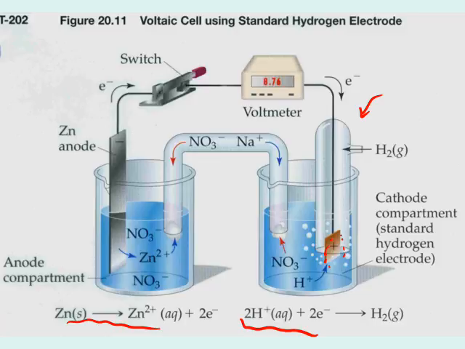H+ comes from any acidic solution. So when zinc breaks down to zinc 2+, electrons go to the other end, and H+ receives those electrons, becoming H2. So that's how this whole reaction takes place, and the value of voltage is 0.76. And if you look at a half cell reaction, you'd see the value of 0.76 given.